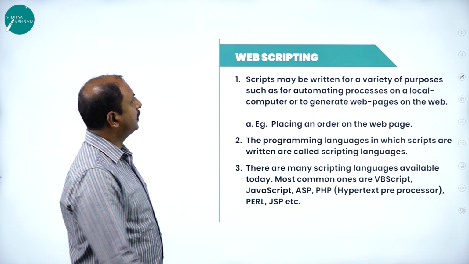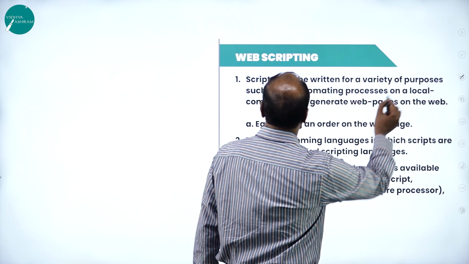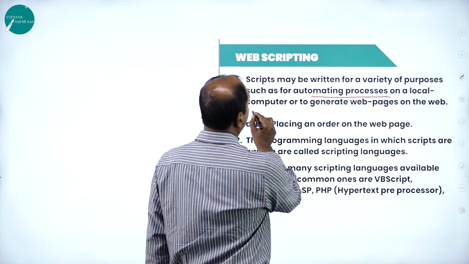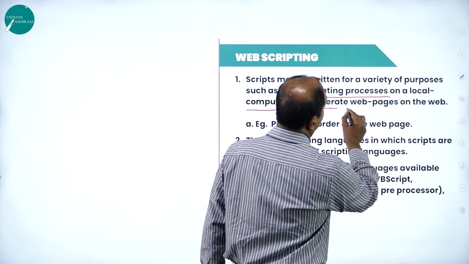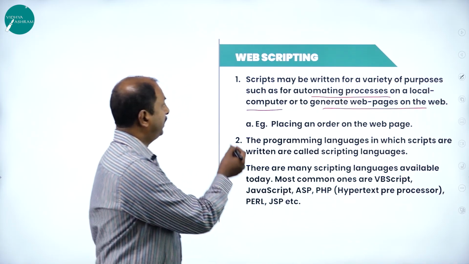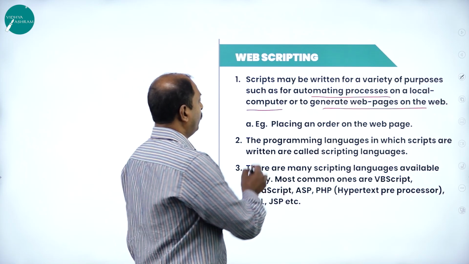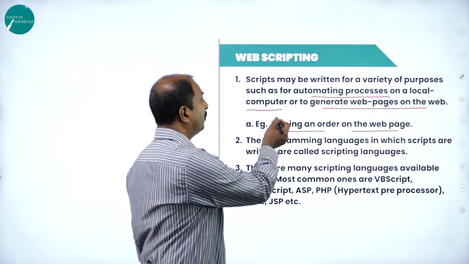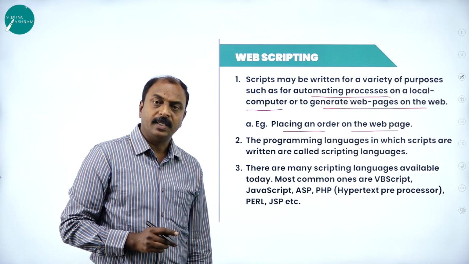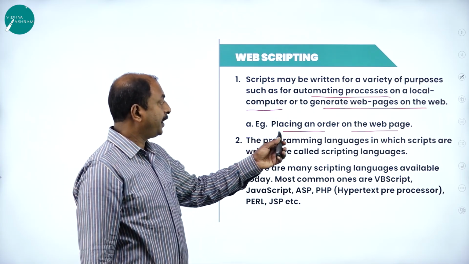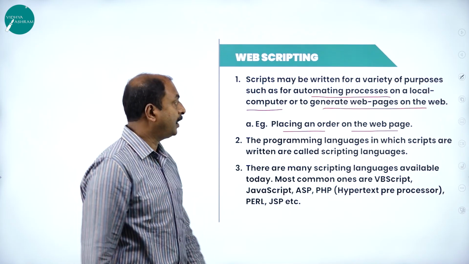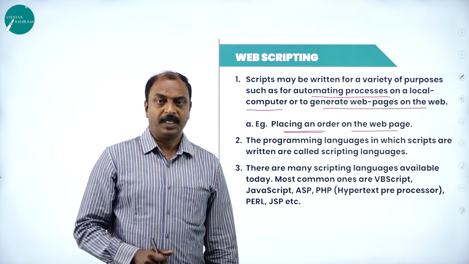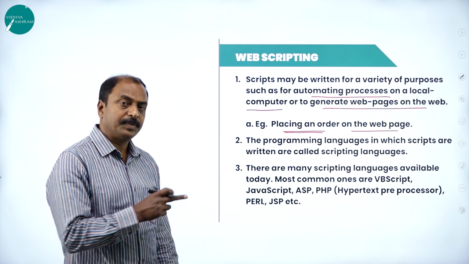Here the script may be written for a variety of purposes, such as automating processes on a local computer or generating web pages on the web. This is the definition. An example is placing an order on a web page. It is one operation that takes place through web scripting. Placing an order on a website is a separate application or is embedded in the website.